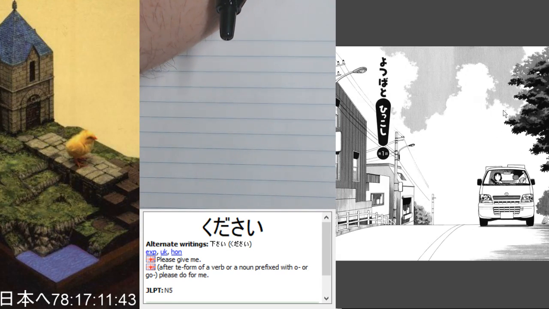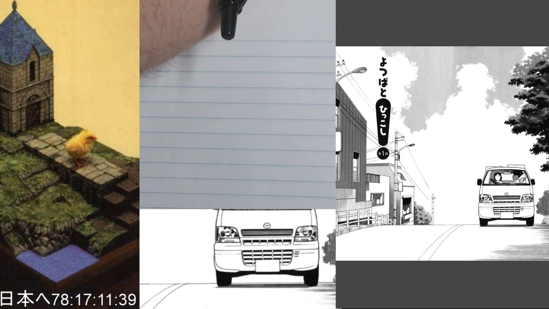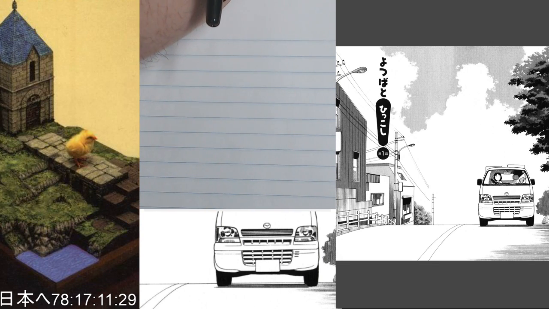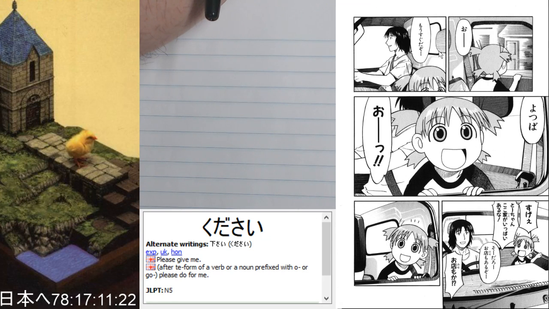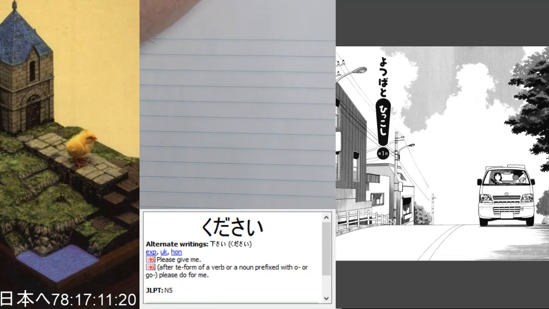Yotsuba to. Hikoshi. Yotsuba and whatever Hikoshi is. Moving. Okay, that makes sense. It's chapter 1. It does kind of crunch up properly.